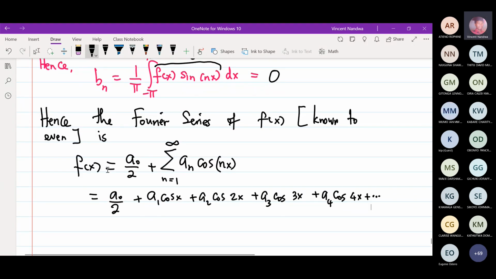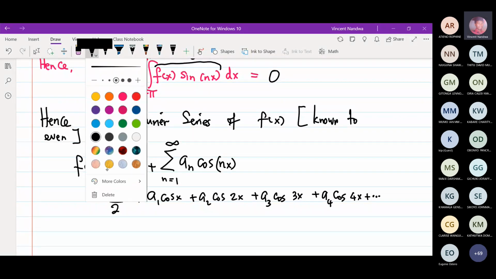So this is what we call the Fourier cosine series of the function f of x.